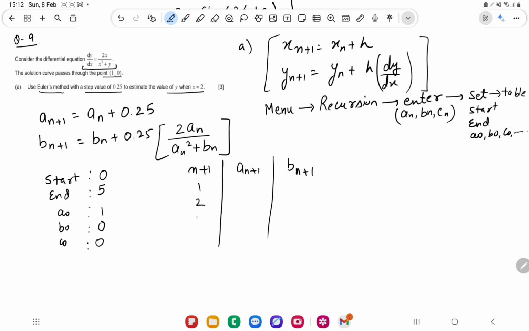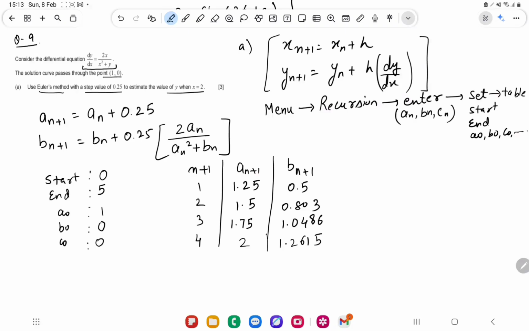Here in your table you must be getting these values: this should be 1.25, bn is coming out as 0.5, and for 1.5 it is coming as 0.083. For the third iteration, this is 1.75, 1.40486, and for the fourth iteration we are getting 1.2615.